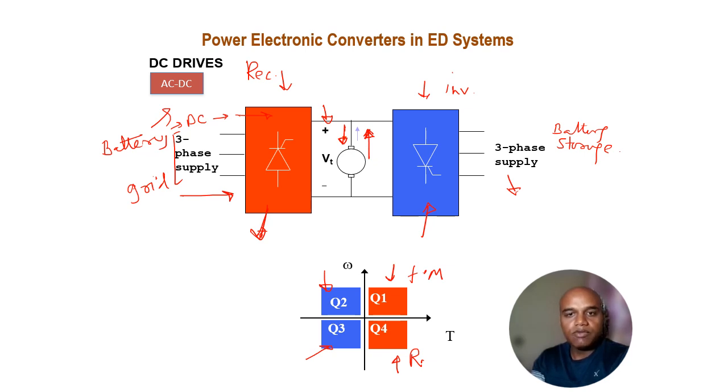Similarly, by inversion we can have the reverse motoring mode, and this is the forward braking, quadrant 2, and this is the reverse motoring.